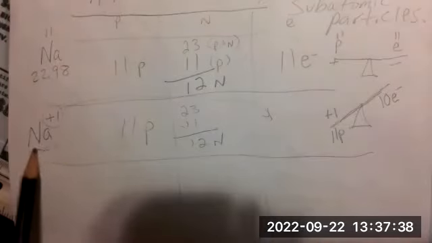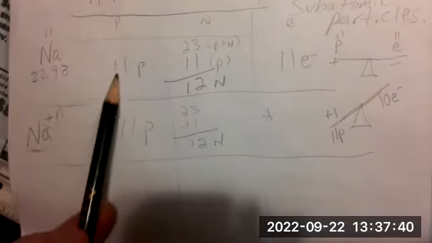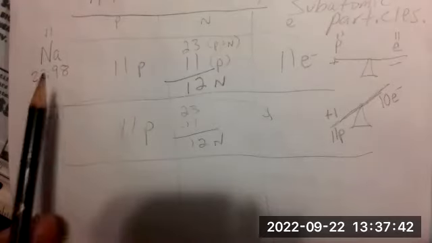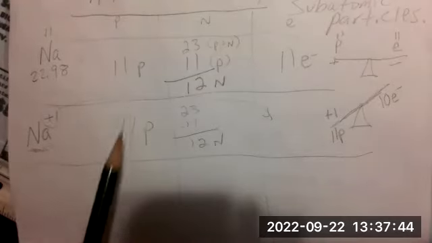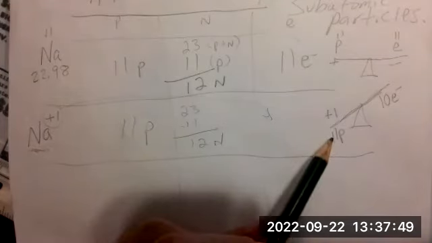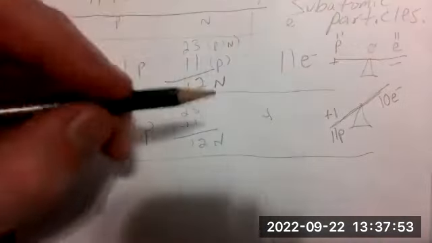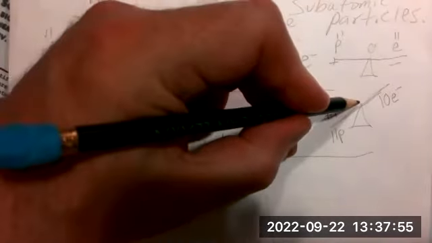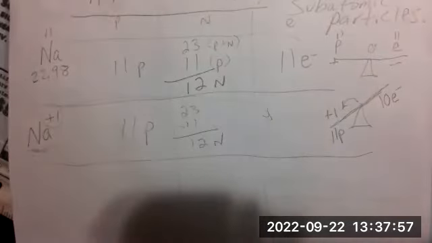You can't change that or you won't have sodium anymore. Remember, that's important. All sodiums have 11, no matter what. All sodiums are going to have 11 protons. That can't change as long as we have sodium. So that's set in stone. But the balance here, where it used to be 0, is now weighted in favor of the positives by 1. And so in order to make that happen, you remove an electron.